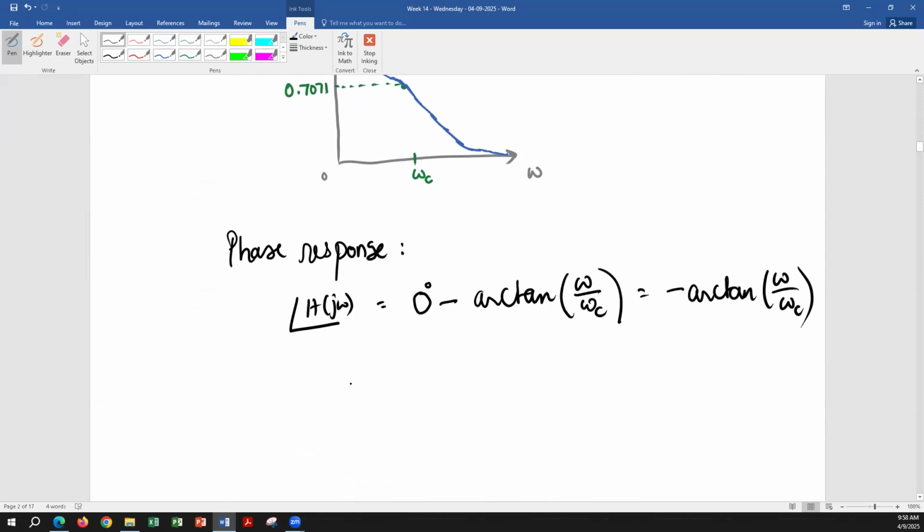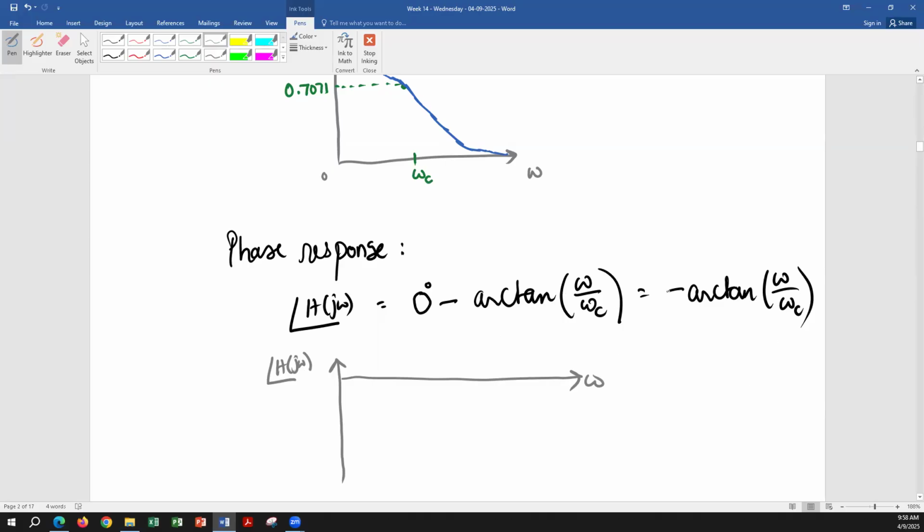All right, if I'm plotting the phase response of H of j omega, it is tangent inverse of omega over omega c with a negative sign.